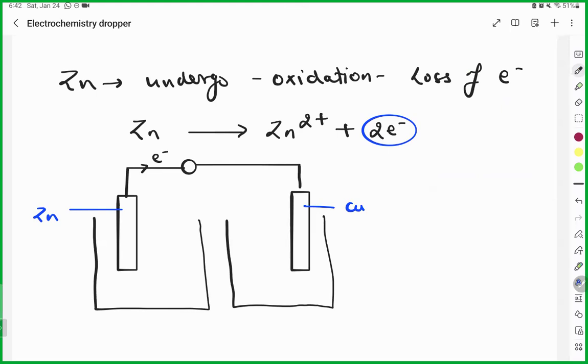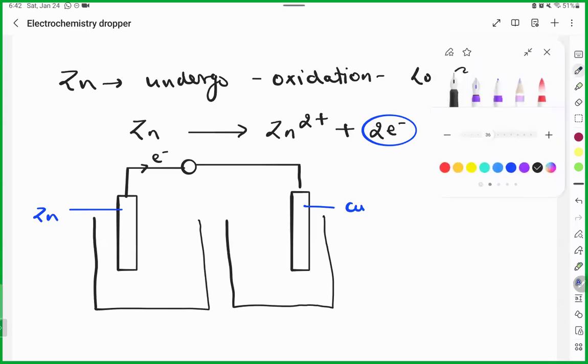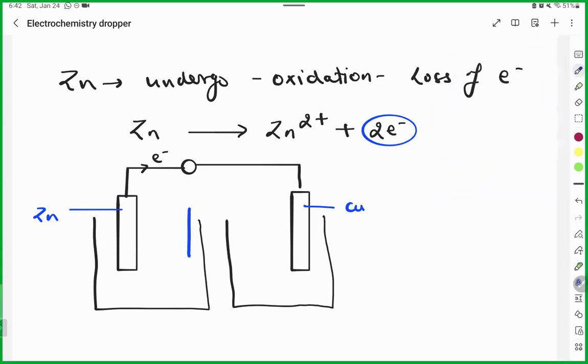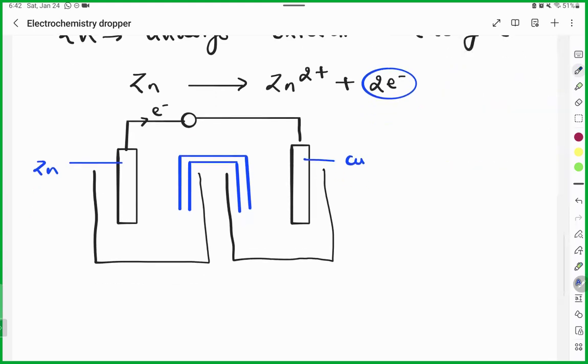Barinder, what will be the direction of the current in this situation? Sir, copper to zinc, because the direction of current is opposite to the direction of the motion of the electron. Correct? If our electron movement happens from zinc to copper, then current will move from copper to zinc.